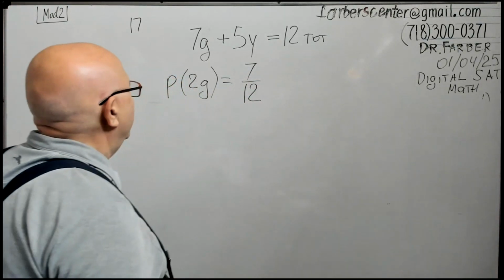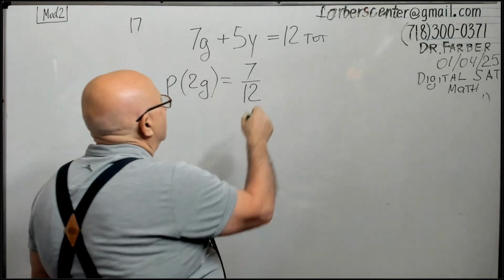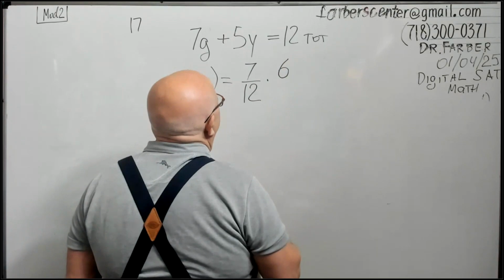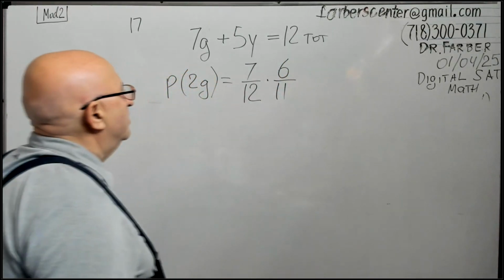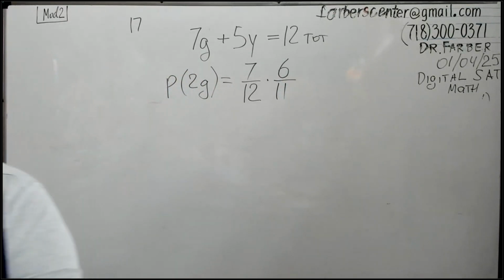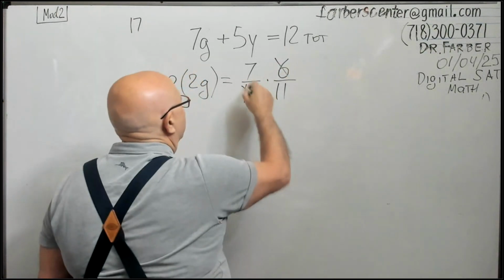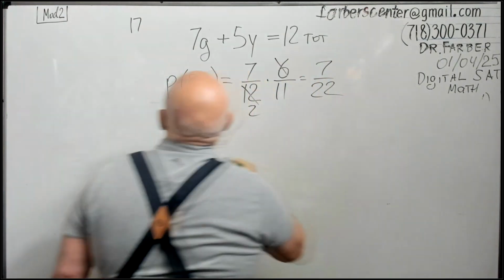You took the green, throw it away, and we go the second time. Number of green balls decreased by 1 as well as the total, because it's without replacement. Who understands this 100%? No questions? Now, this is case A.